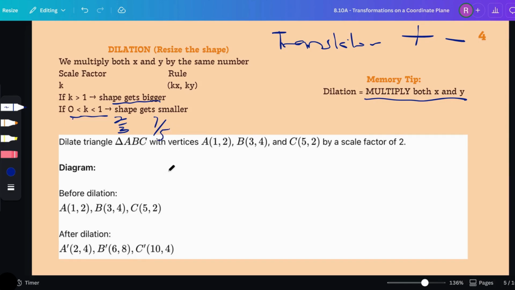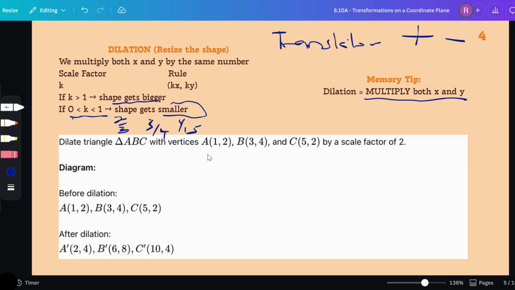No, 7/5 is greater than 1. Let's say you are multiplying by 3/4 or 4/5, then the shape will get smaller. If you are multiplying by a fraction less than 1, the shape gets smaller, but if you are multiplying by a number greater than 1, then the shape gets bigger.